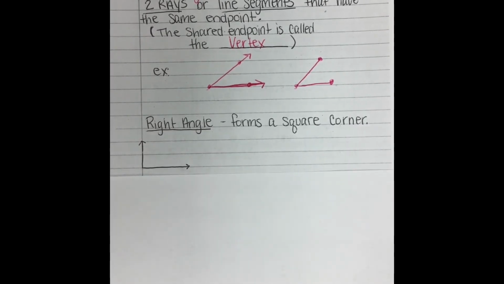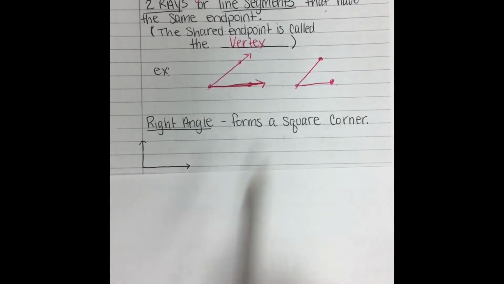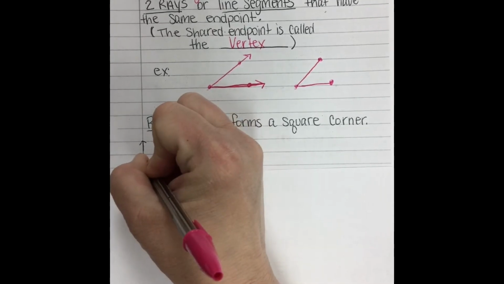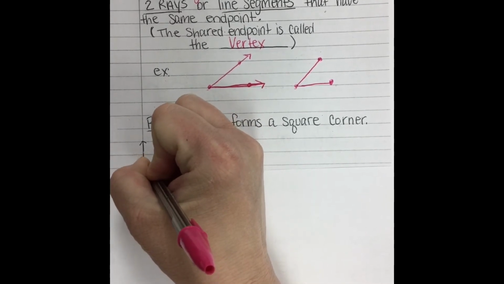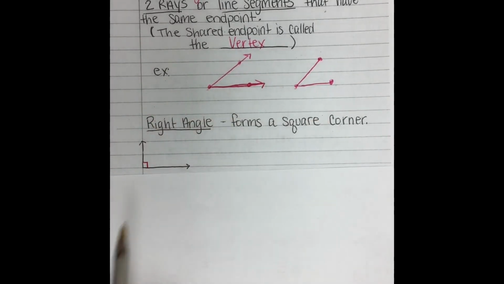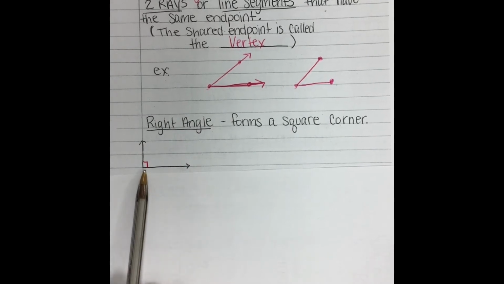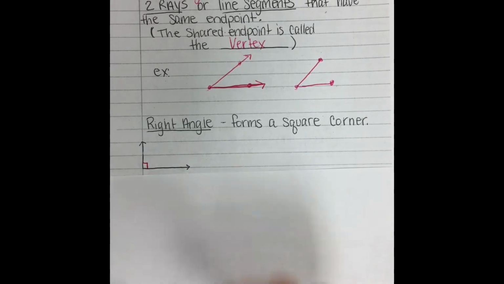Okay, you've already had the notes on these, or you're supposed to, in your journal. We did this on Friday from that video. A right angle forms a square corner. So typically when you see a right angle, they're going to have this little corner there for you. Okay.